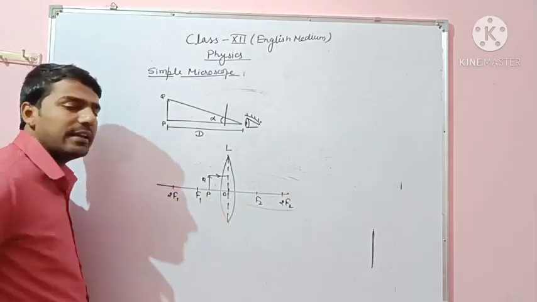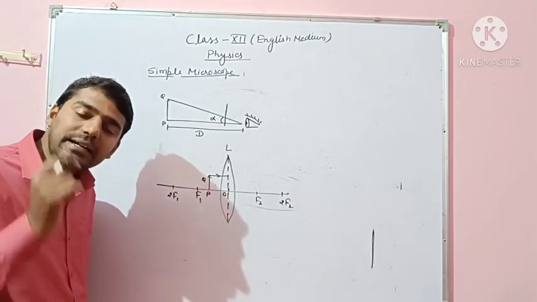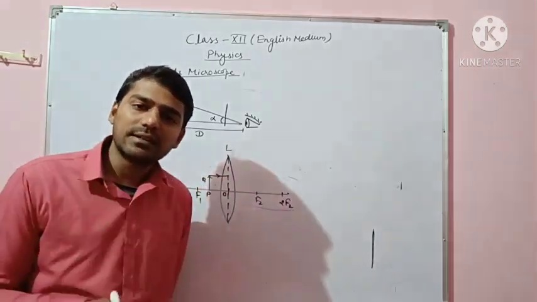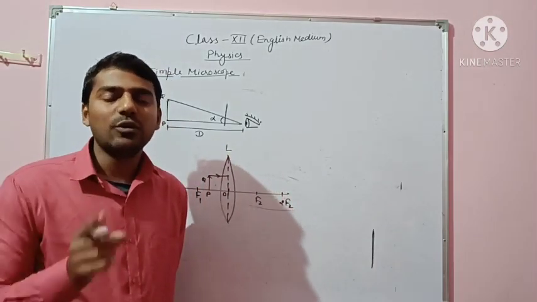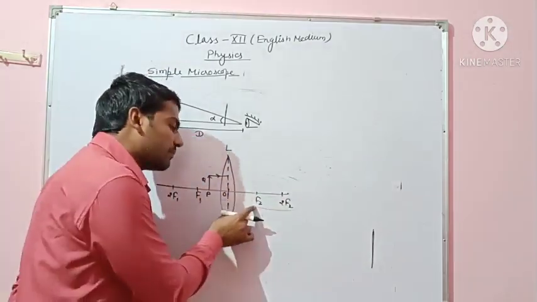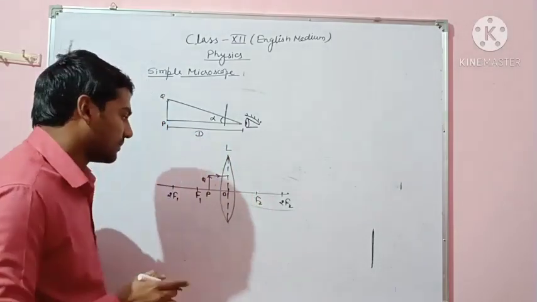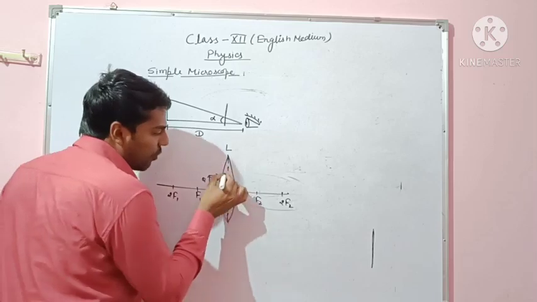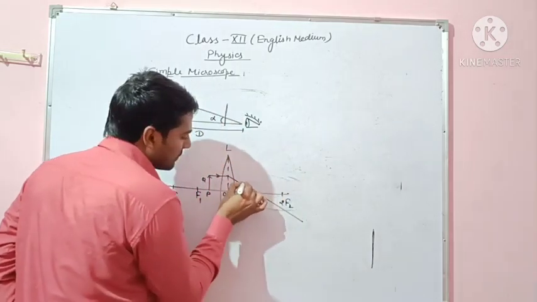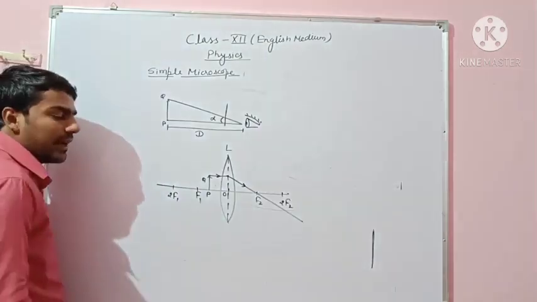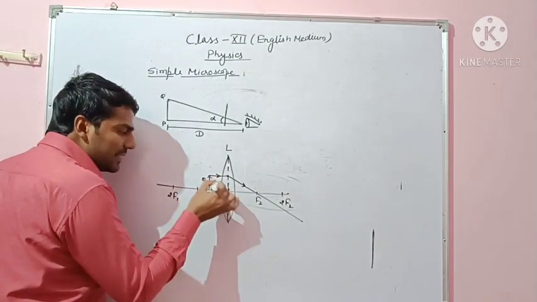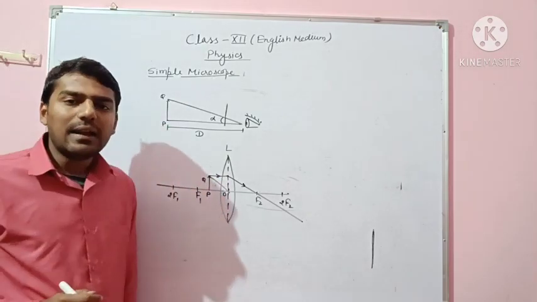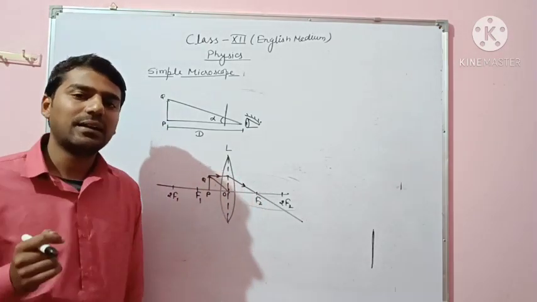When a light ray is incident parallel to the main axis, after refraction it passes through the focus on the main axis. Another light ray is incident on the optical center.